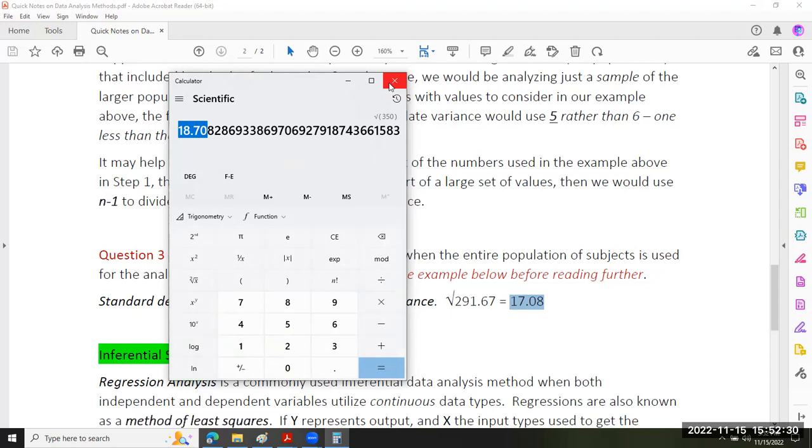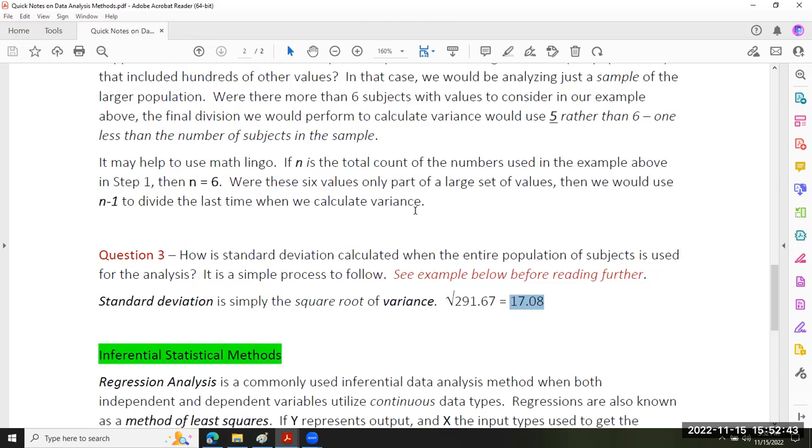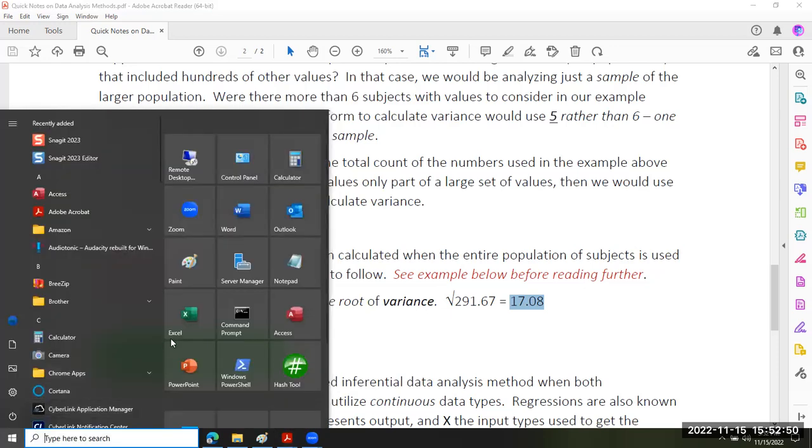So when we talk about descriptive analysis, there may be a case where we explain that we're doing a sample instead of a complete study, and we're going to ask you to calculate variance and standard deviation. We want you to understand how to do that by hand. Now, what's the value in doing it by hand?